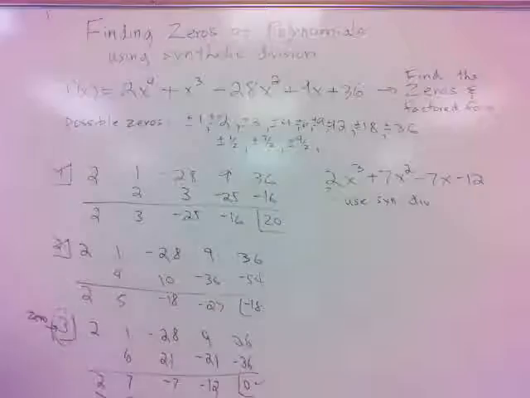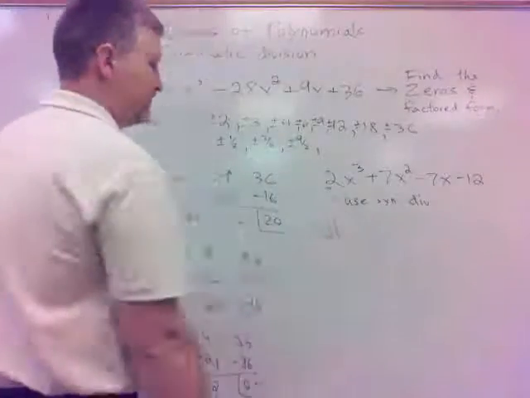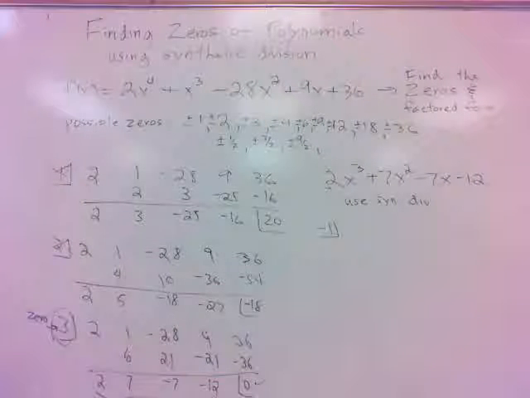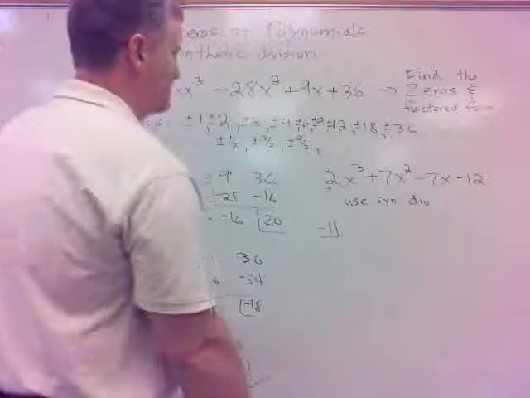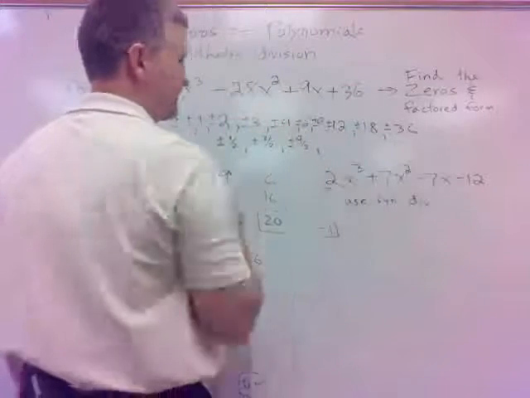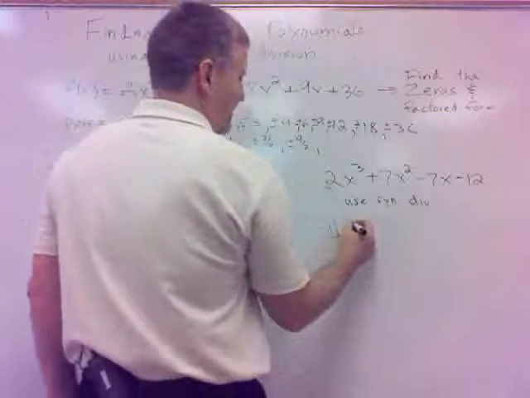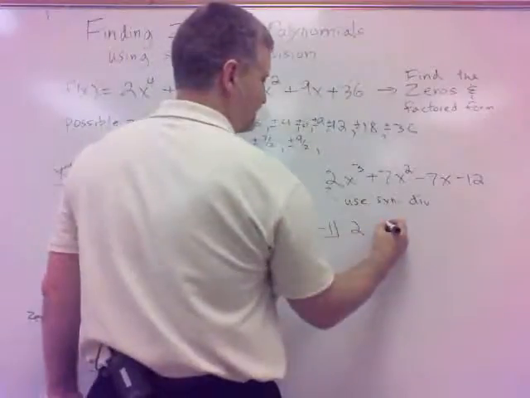So 1 and 2 are off the list. Let's go with the negative. Let's try negative 1. Just on a wild hair here, because we know there's probably some negatives, and I guess I could try 4 and 6, but let's try negatives. All right, negative 1.